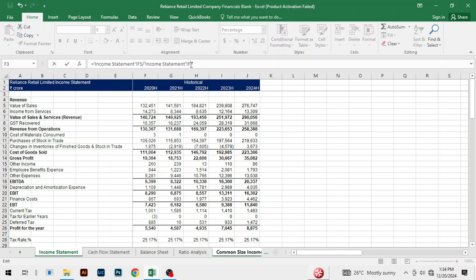So here we come to this. What we want to do is use relative referencing. The way we want to do it is keep row 7 fixed, right? But we allow flexibility in column movements. So we use F4 here.